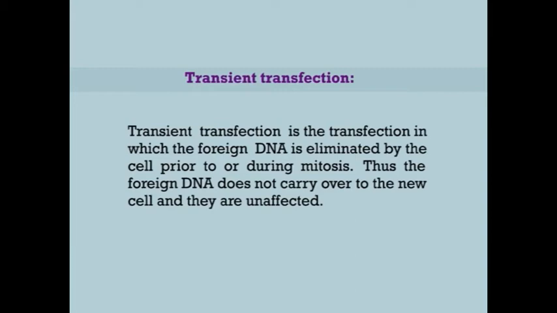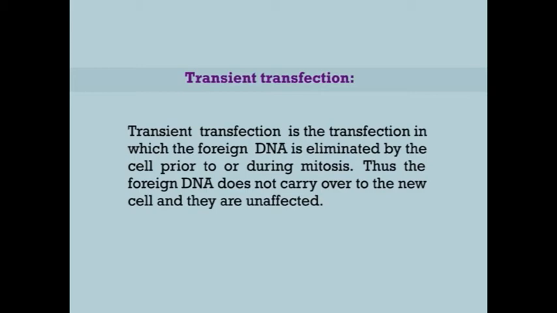There are two main types of transfection. The first one is transient transfection and the second one is stable transfection. Transient transfection is the transfection in which the foreign DNA is eliminated by the cell prior to or during mitosis.